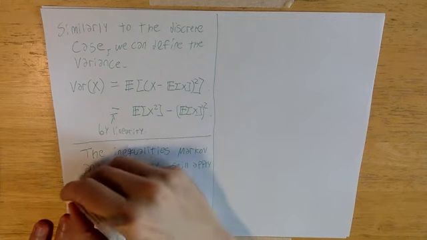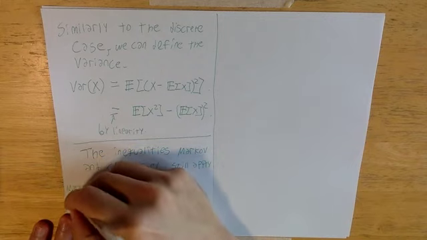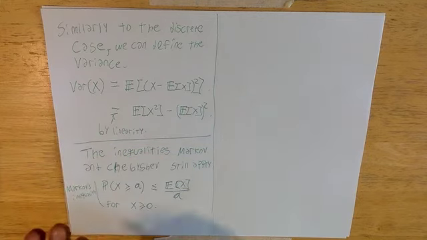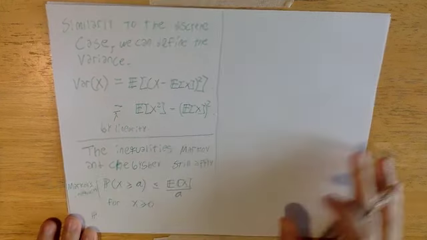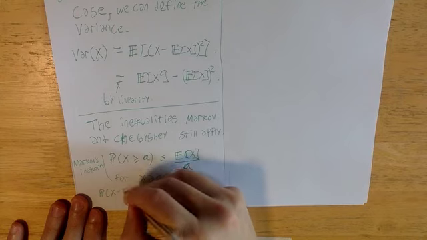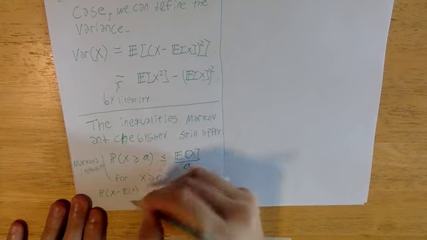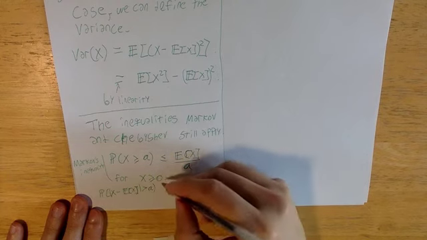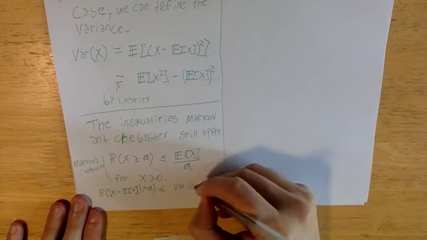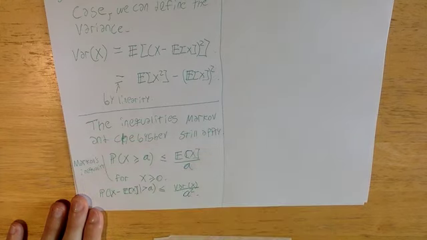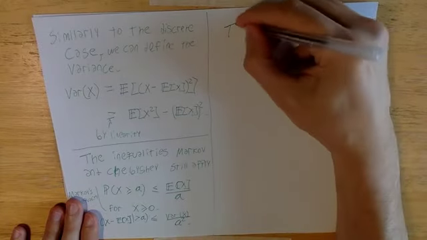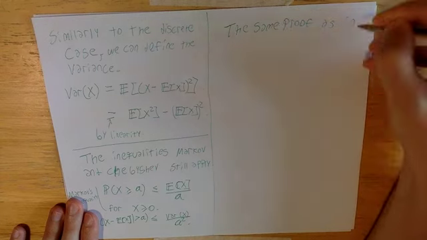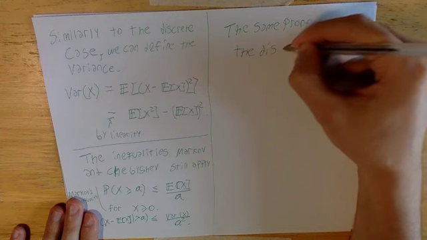This is Markov's inequality. Similarly, Chebyshev: the probability that the absolute value of X minus E of X is bigger than a is less or equal than the variance of X over a squared. This has the same proof as in the discrete case.